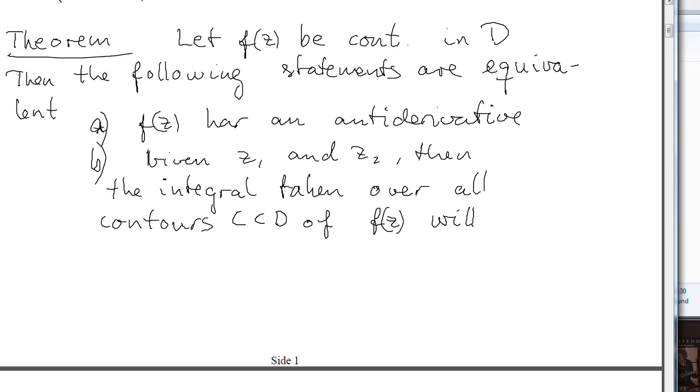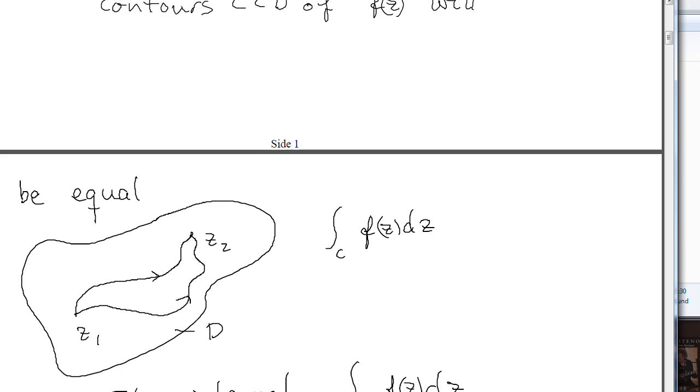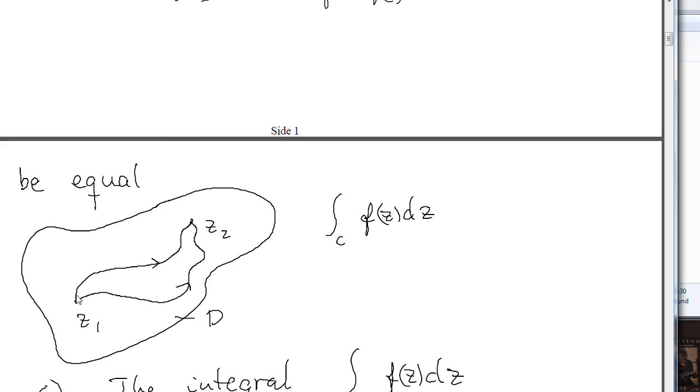So if we are integrating from this point z1 to z2, the integral taken over this contour is equal to the integral taken over this contour.